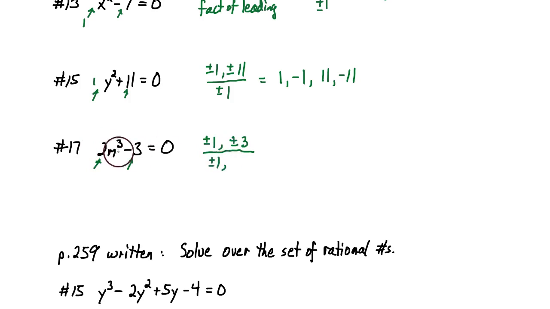Positive and -1 are factors of 2, and positive and -2 are factors of 2. Now let's figure out what numbers this actually produces. We could have 1 or -1. We could have 3 or -3. We could have 1/2 or -1/2. And if we put the 3 on top of the 2, we could have 3 over 2 or -3 over 2.